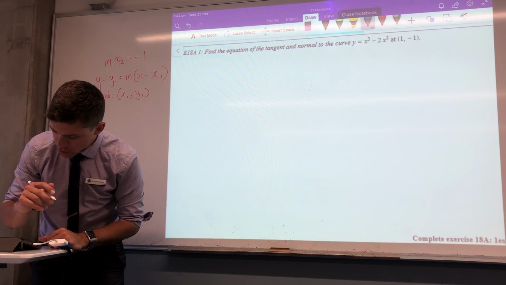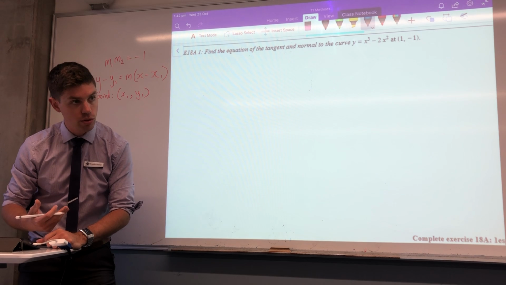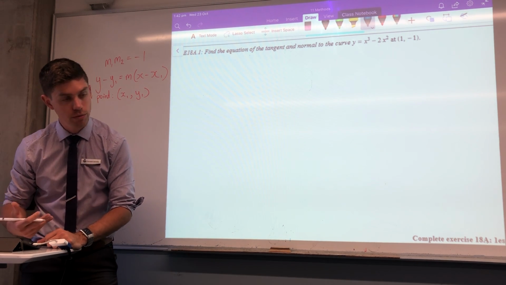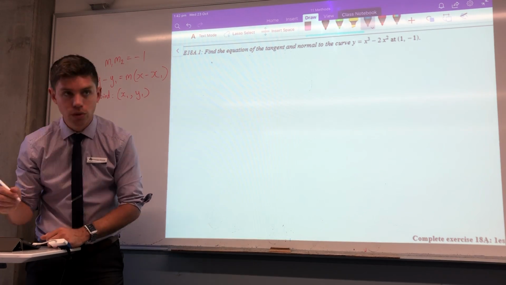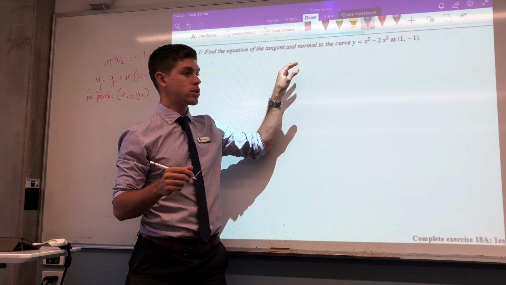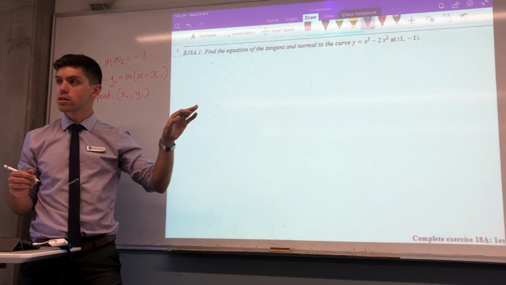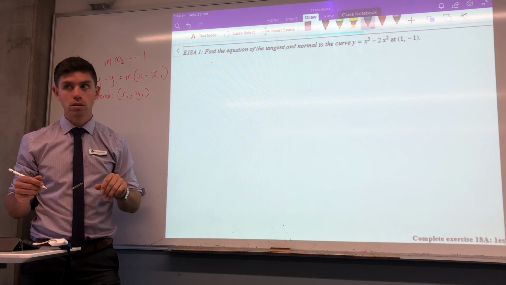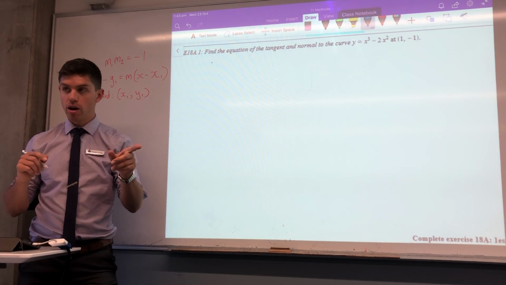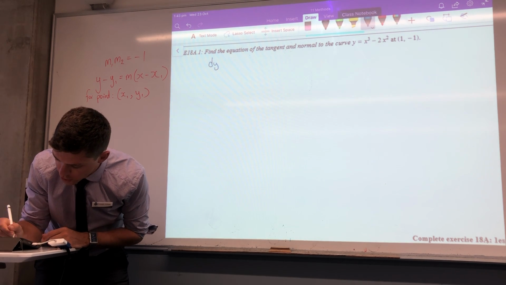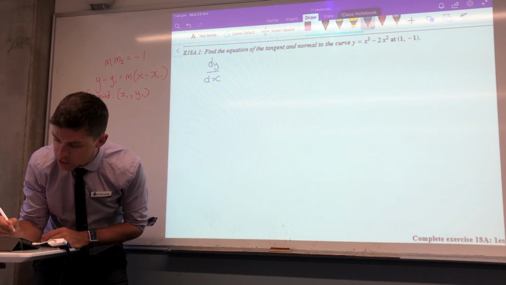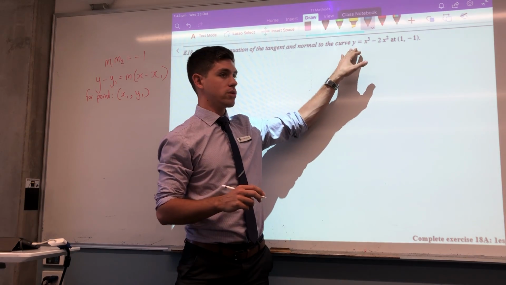All right. So we've been working on this technique called differentiation to get the derivative or the gradient function. The terminology we're using here is dy over dx, because the formula has been given to us in terms of y.